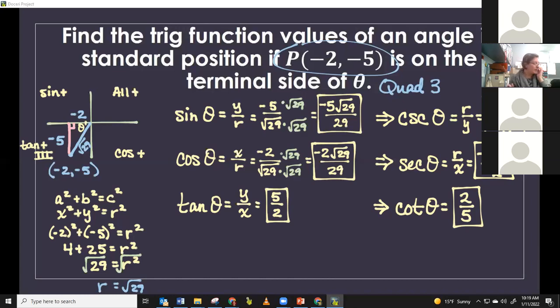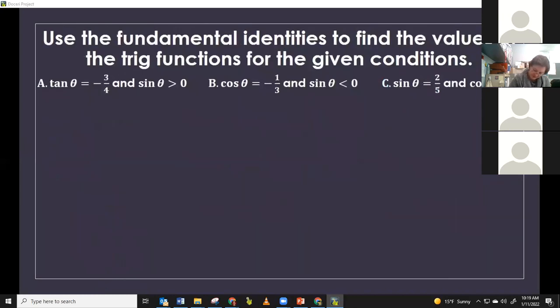I want to look really briefly at one of the problems on the next screen that I'm going to put up. Let's look at just part A. Let's start off by, which quadrant are we in?